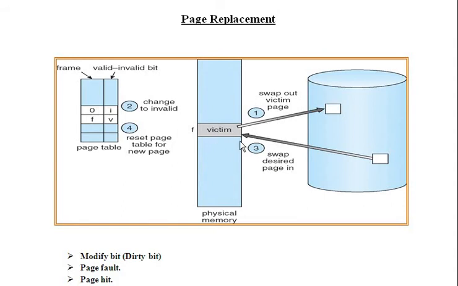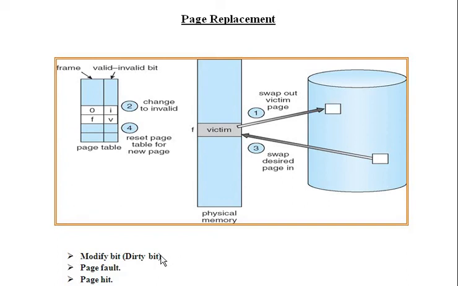Second, updating the page table. Third, swapping in of the desired page. Fourth, updating the page table, wherein earlier it was invalid, now it is valid, and the CPU continues the process.